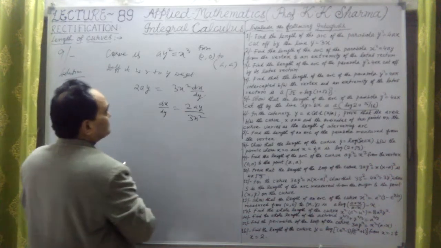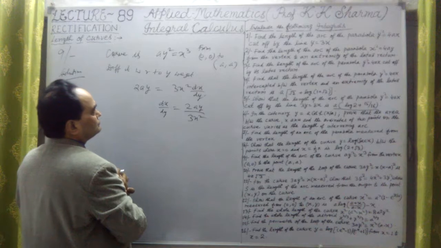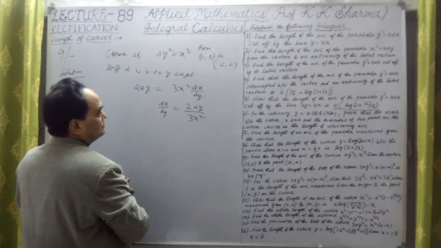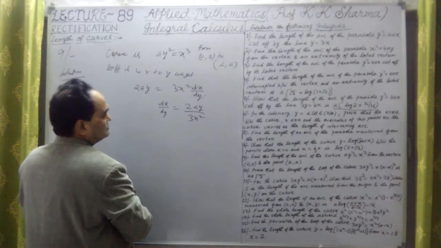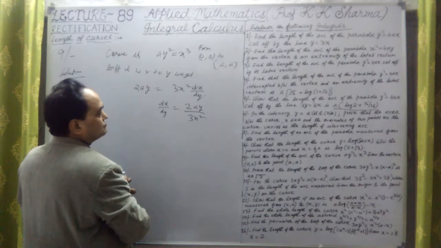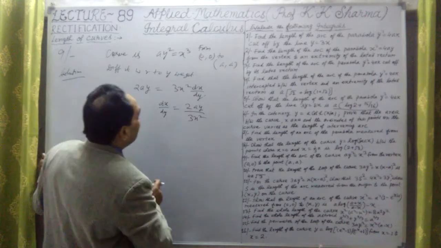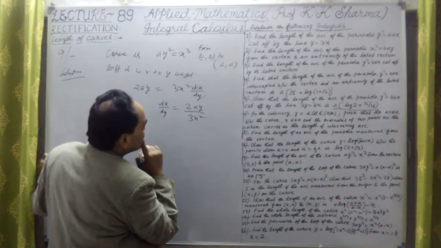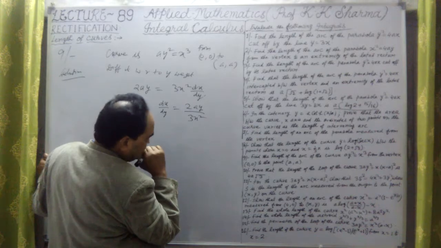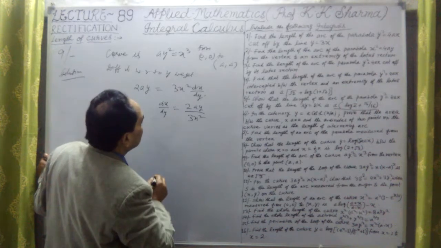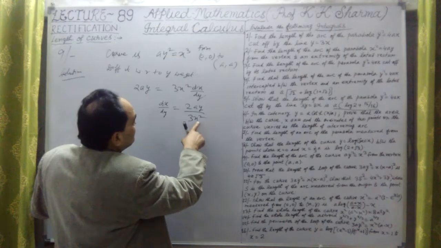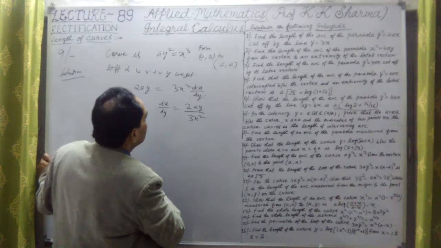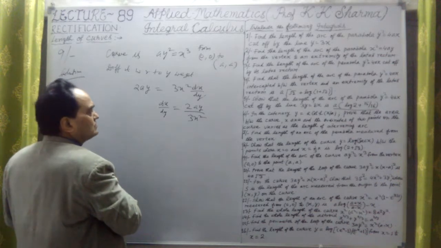If we find dy/dx, even then it comes out in terms of y. It is 3x square upon 2a y. In case of this y, we have to substitute y so that it can be in terms of x only, or in terms of y only. Or if I find it in terms of x, that is also possible.